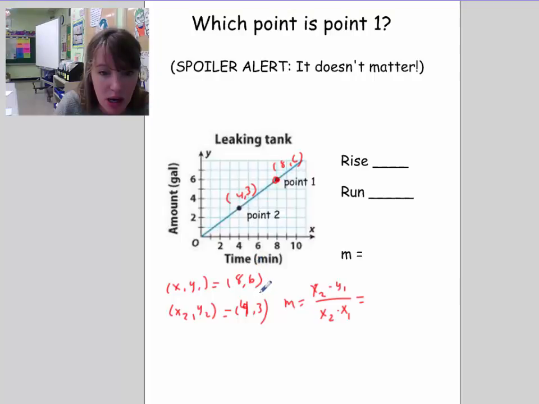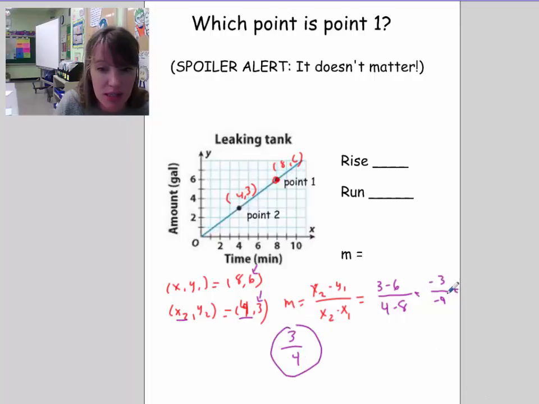So this is 3 minus 6, and x sub 2 is going to be the x coordinate of the second point, which would be 4 minus 8. So up top you get -3 over -4, which, remember, 2 negatives make the entire fraction positive. So this fraction is positive, and it's going to be the same slope as we had before, which is 3/4.